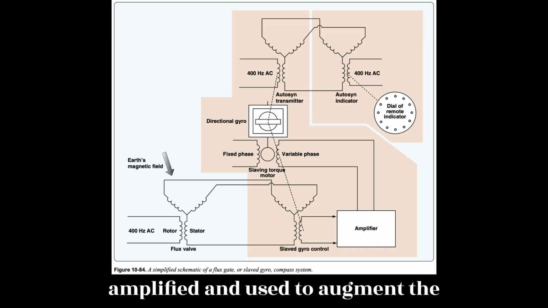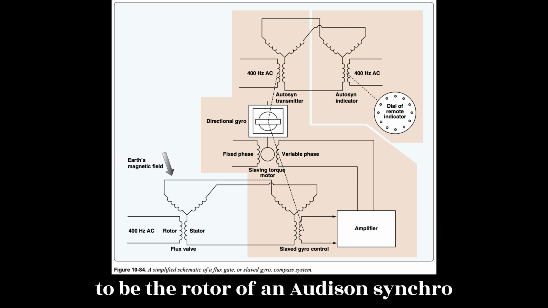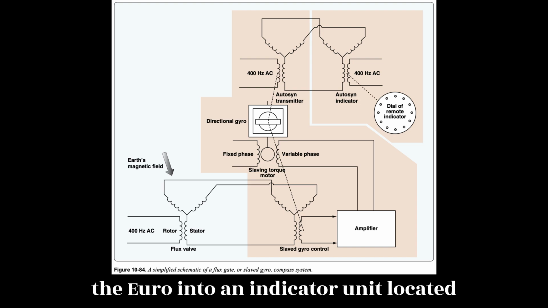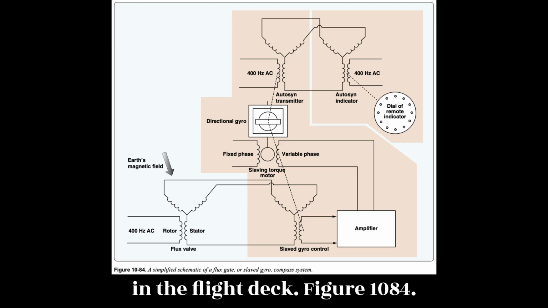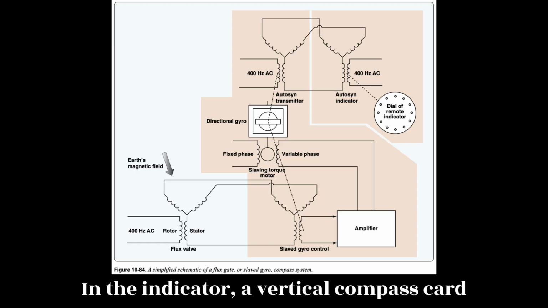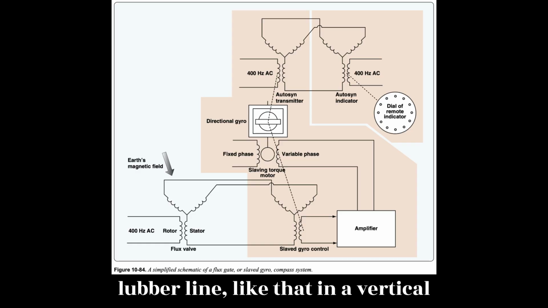It is amplified and used to augment the position of the DG. The gyro is wired to be the rotor of an Autosyn synchro system, which transmits the position of the gyro into an indicator unit located in the flight deck. Figure 10.84. In the indicator, a vertical compass card is rotated against a small airplane-type lubber line like that in a vertical magnetic compass.